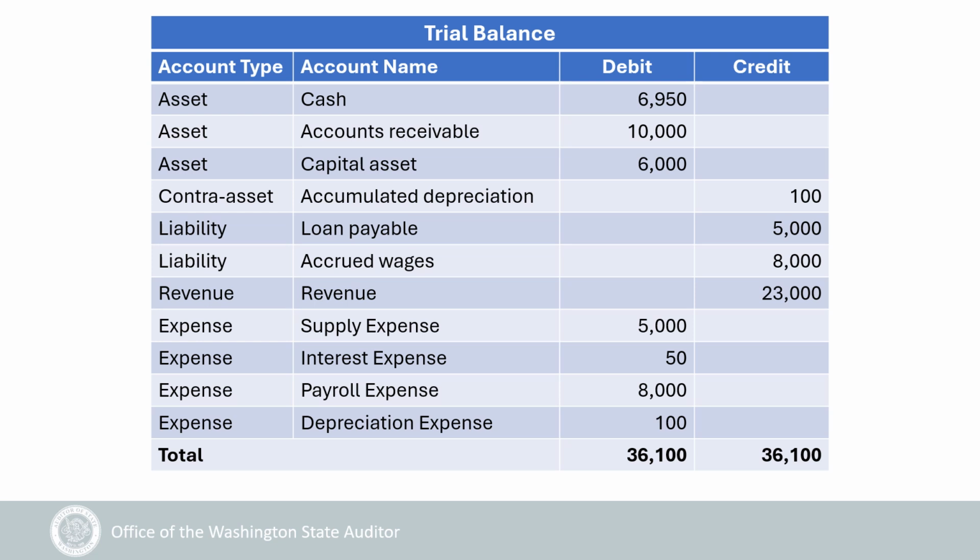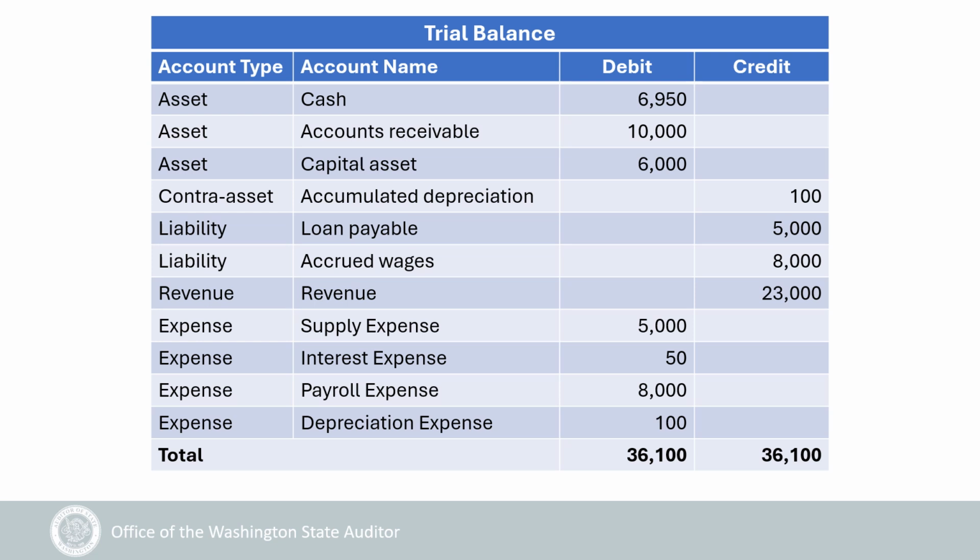We want to double check that debits equal credits at this point. If not, something went wrong earlier in the process. Maybe one of our journal entries didn't balance, or maybe one of the transactions didn't get carried forward into the T account. In this case, our debits equal credits, so we're in balance.